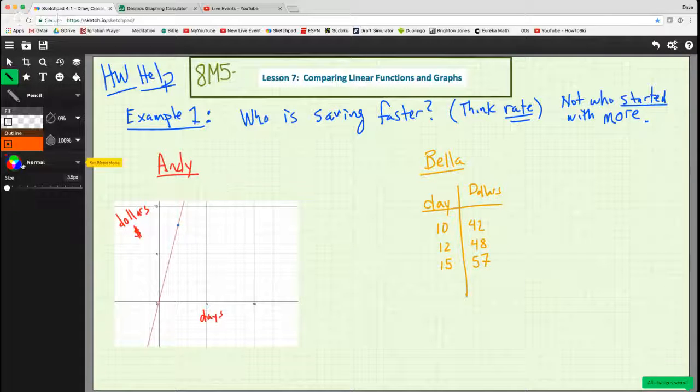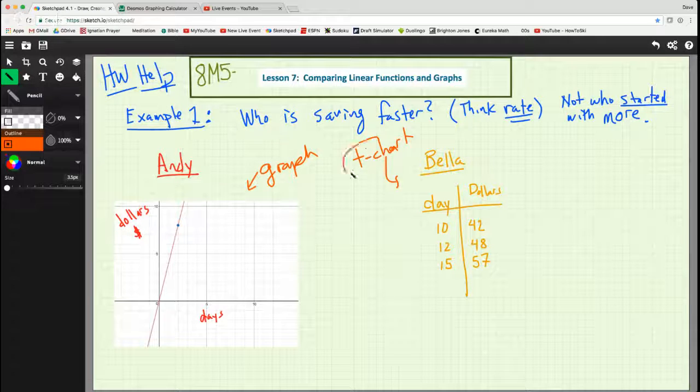In this case, Andy has a graph of his savings, and for Bella's savings we have a T-chart. The interesting thing about these two examples is that we don't have the same days.